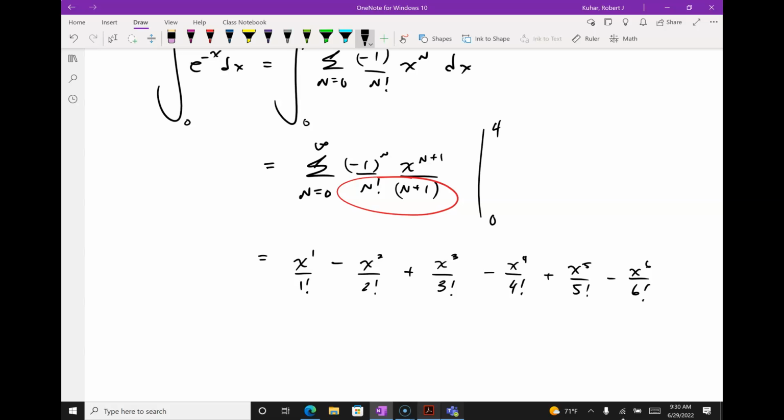What's nice, when I plug in 0, they all go away. So all I have to really do is plug in the upper limit. I'm saying, how many Maclaurin terms do I need? But when I plug in a 4, let's see, what do I get? 4 minus 4 squared over 2 factorial plus 4 cubed over 3 factorial.